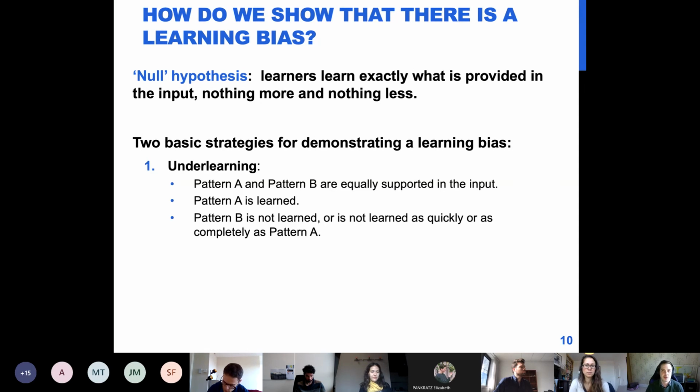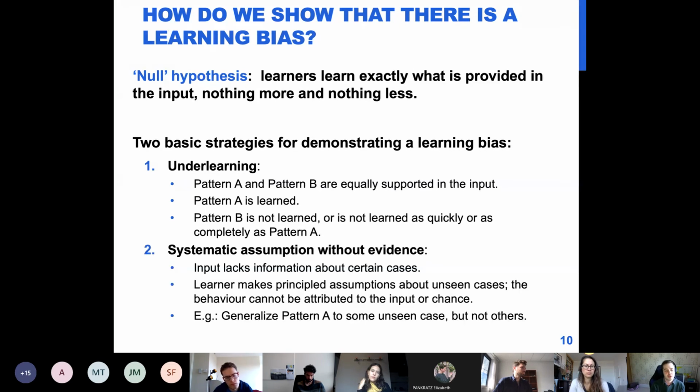These were also touched on by Alex and Maura. One is underlearning: say pattern A and pattern B are equally supported in the input you give people. Pattern A is learned, but pattern B is not learned, or it's not learned as quickly or as completely as pattern A. Then that suggests there's some kind of bias that favors pattern A over pattern B.